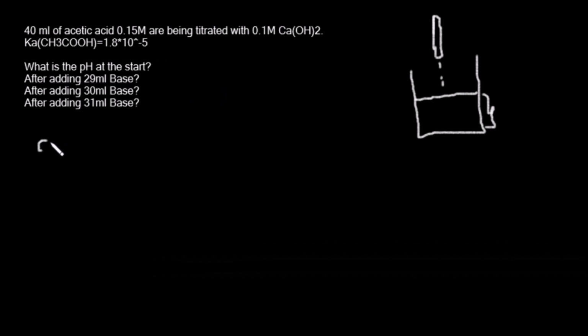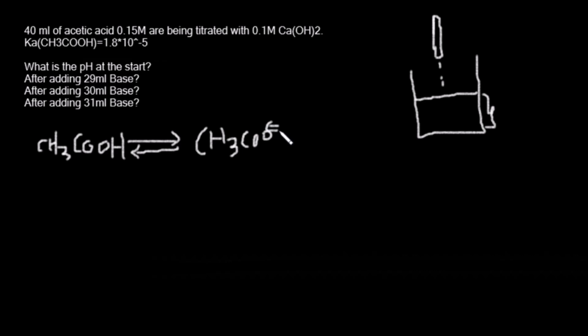So we have CH3COOH. Because it's a weak acid, it dissociates only partially. It's going to give its proton, which is this hydrogen, and we're going to be left with the salt.